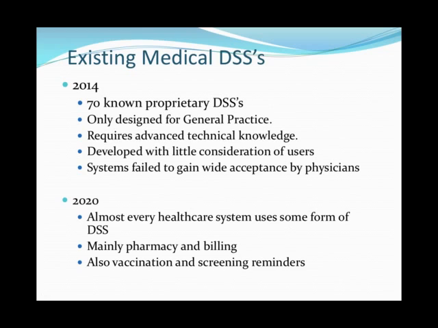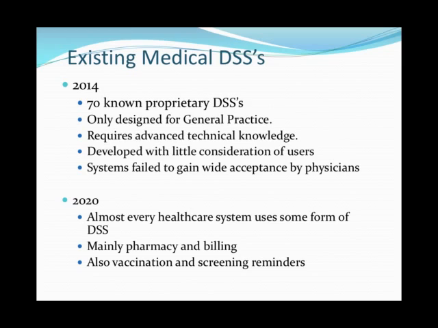So it was interesting, some of this information I was getting from Dr. Tamimi. The last time he taught this course was in 2014. His information from 2014 is that there were 70 known proprietary decision support systems that had a patent on it or that companies had created.